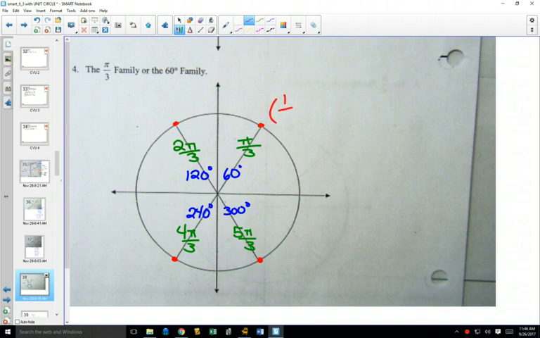Cos of 60 degrees is 1/2. Sine of 60 degrees, root 3 over 2. And we can label the other values as well.